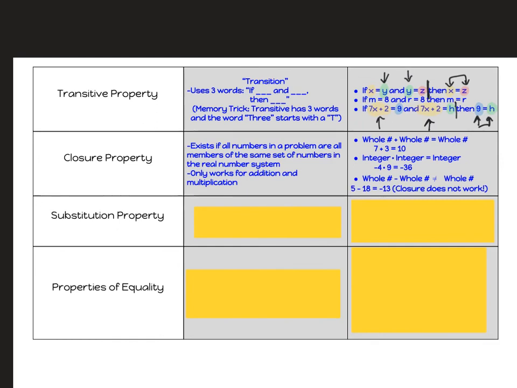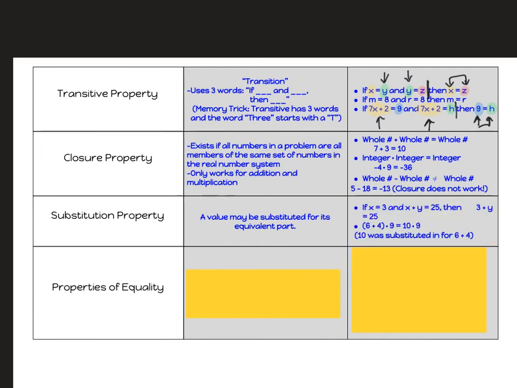You are going to use the substitution property a lot in algebra, and you probably used it in your previous math course. The main idea of it is a value may be substituted for its equivalent part for equal parts. Okay, so let's look at two examples of that. So if x equals 3 and x plus y equals 25, then you can go ahead and substitute that 3 in so that you can figure out what y is equal to.